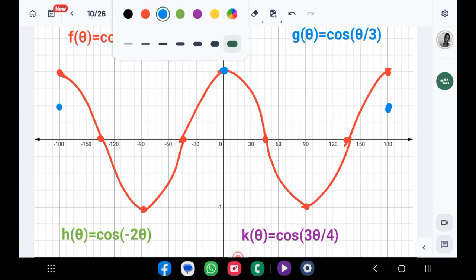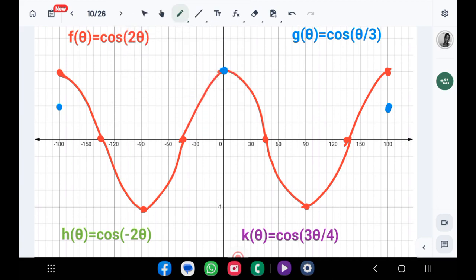And now we join the points together. Okay, there we go.